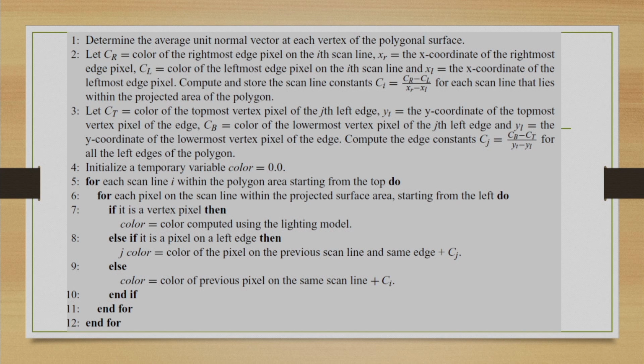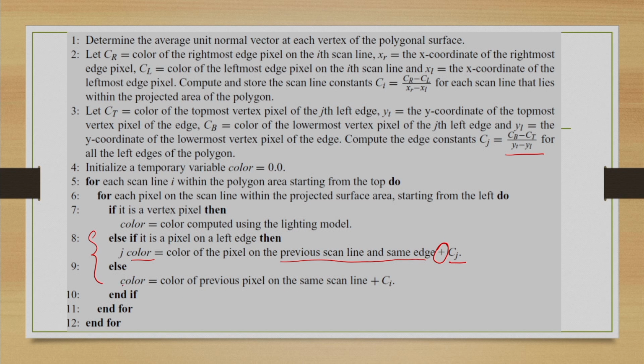The incremental approach is encapsulated in these two lines. As you can see, color can be found out by simply considering the color already computed plus some edge constants which are predetermined.